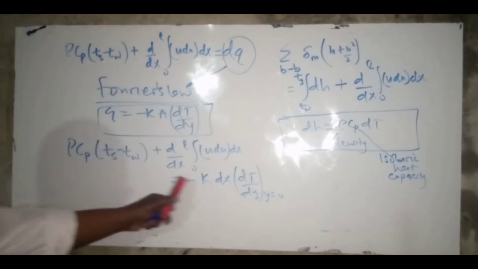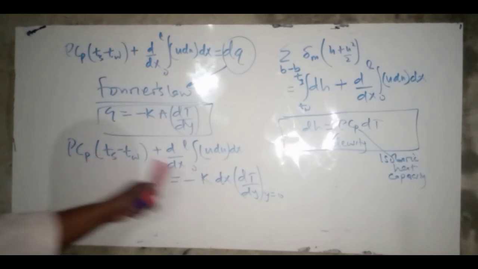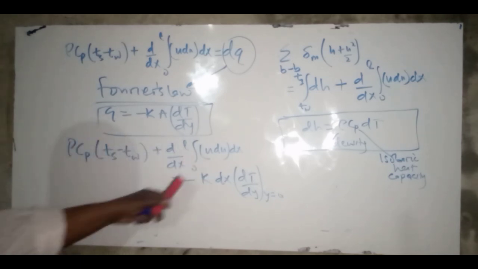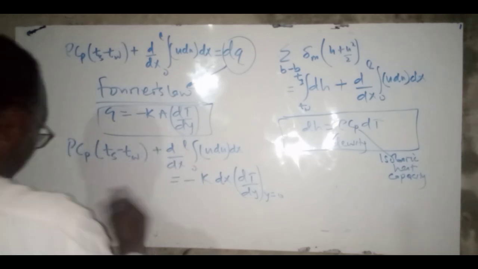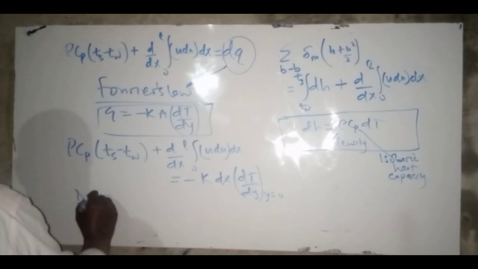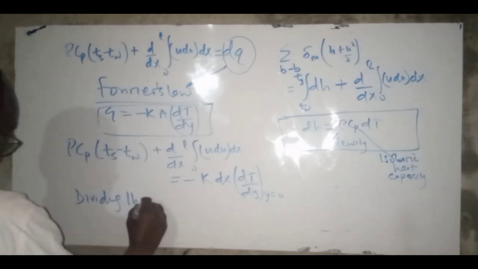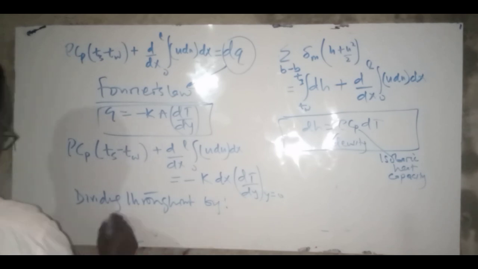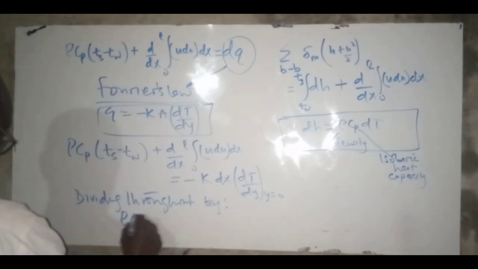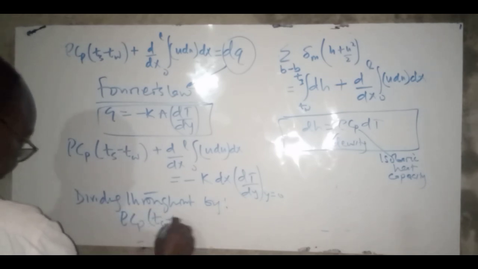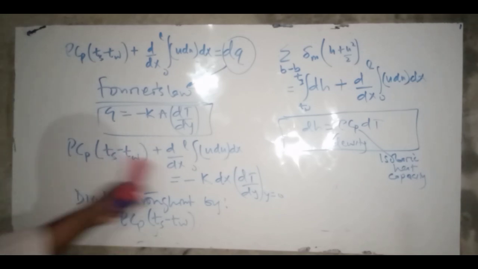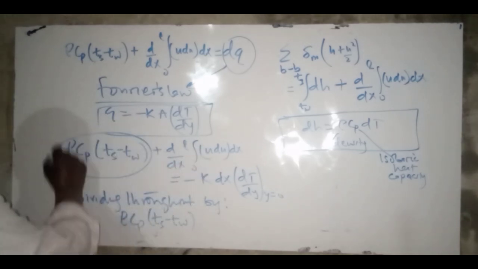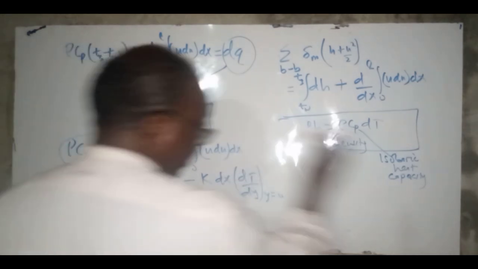Remember K is thermal conductivity. If we simply rearrange these quantities, let's divide throughout by rho Cp Ts minus Tw. Divide with that. So what do we get?